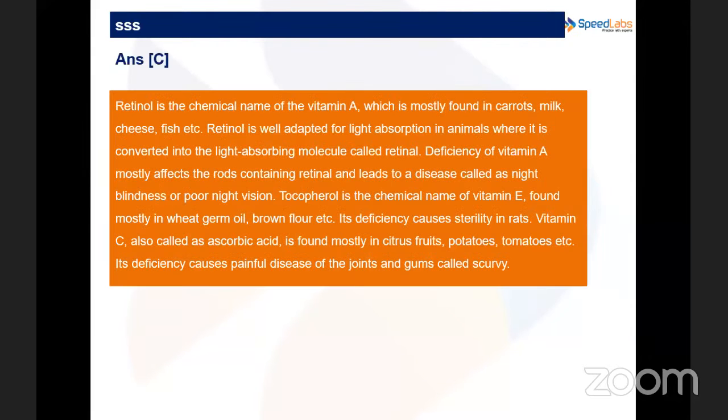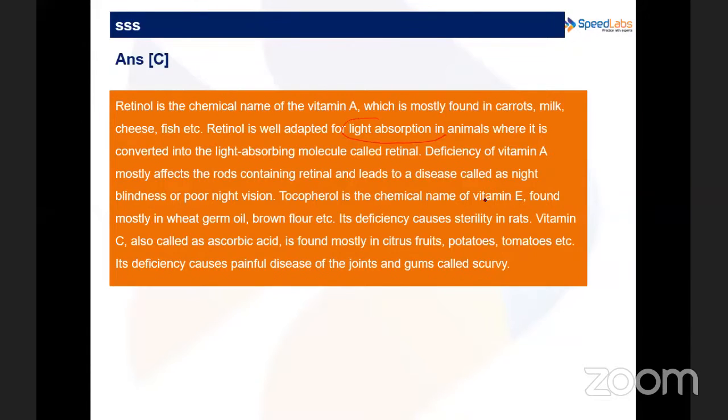Retinol is the chemical name of vitamin A, which is mostly found in carrots, milk, cheese, fish, etc. It is well adapted for light absorption in animals, where it is converted into the light absorbing molecule called retinal. So deficiency of vitamin A affects the rods containing retinal. And what is the disease caused? Night blindness or xerophthalmia.